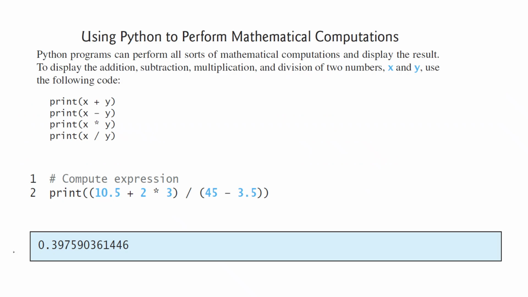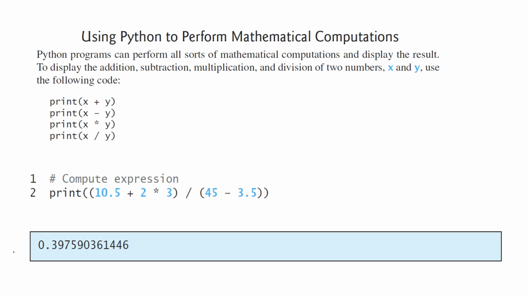Using Python to perform mathematical computations. Generally you can use any kind of variables for any two numbers. For example, x and y are two variables which can be used to perform various mathematical operations.